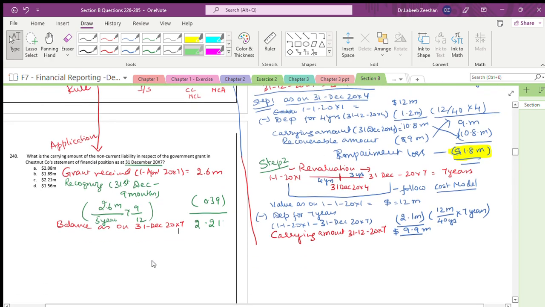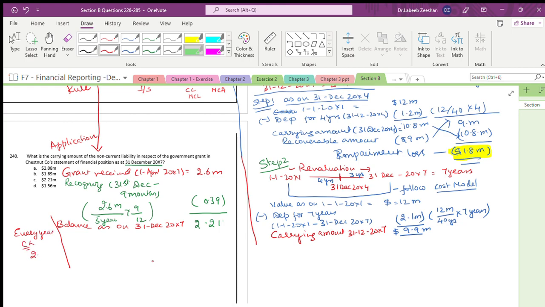Now, how much is it every year? Every year, we treat it as current liability. 2.6 divided by 5, it comes to how much?